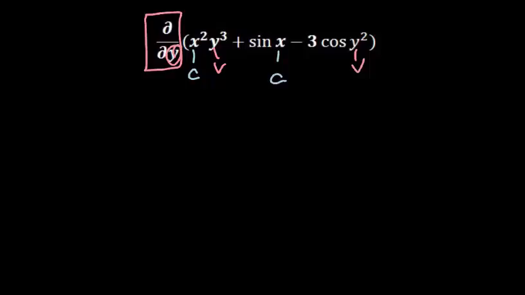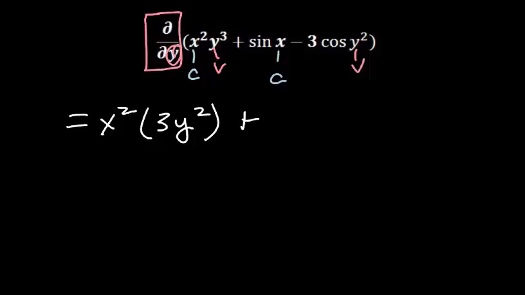Now, since our constants are technically out in front in all of our terms, we can just go ahead and start to take the derivative. So if we write this and take our derivative, we bring our constant out in front, and then we multiply by the derivative of our variable portion, which is 3y squared. And then we add the derivative of sine x. Now, since x is considered to be our constant, we know that the sine of any constant is just going to be a constant term anyway.